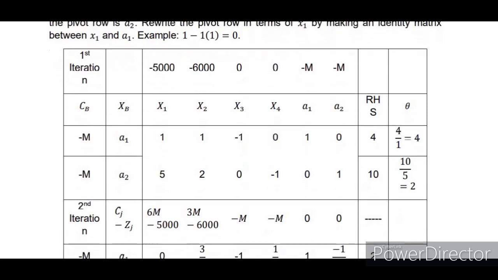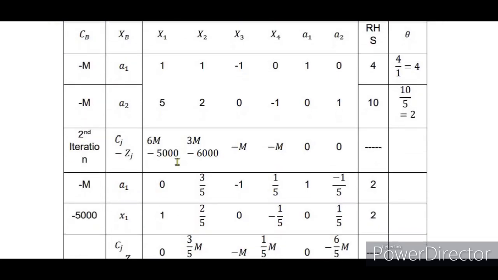Okay, because for the second iteration, the values under x sub b are a sub 1 and x sub 1. So we will make an identity matrix between them. So we will just copy the numerical coefficient of a sub 1 column in the objective function row.